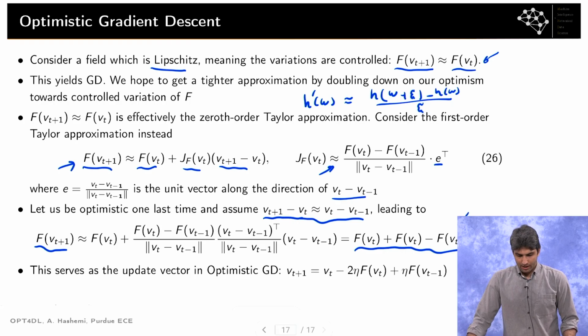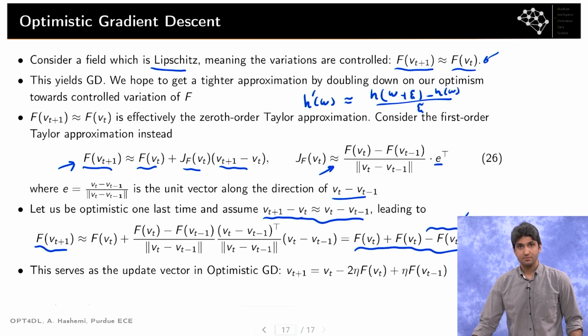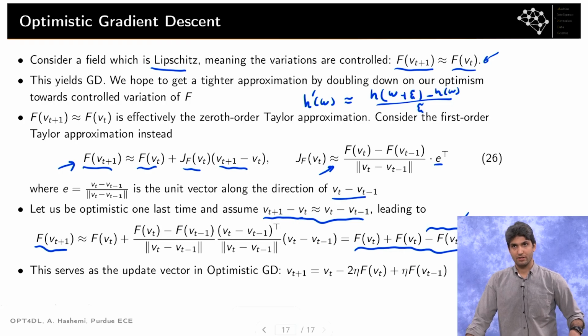This says that I'm going to approximate the future gradient with something like this. And here is how you can see where the negative momentum term comes from: we are moving still in the direction of the current gradient, but we are subtracting from it this vector. We are introducing this negative momentum.